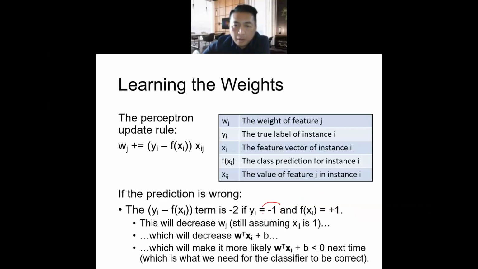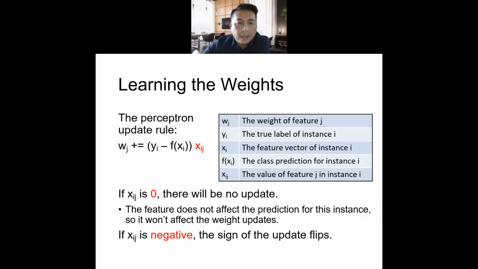But if your true value is -1 and your predicted value is +1, you need to subtract 2, so you decrease the weightage. And if they are the same class, the difference is 0, so you will not update the weightage here. But if the feature is negative -1, the sign of the update flips, meaning the other way around.